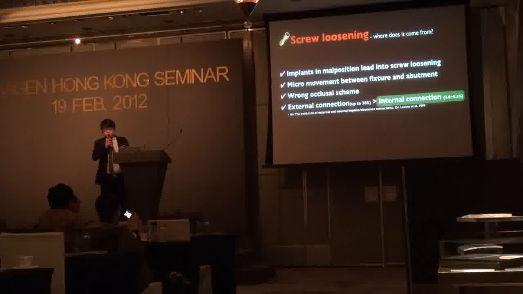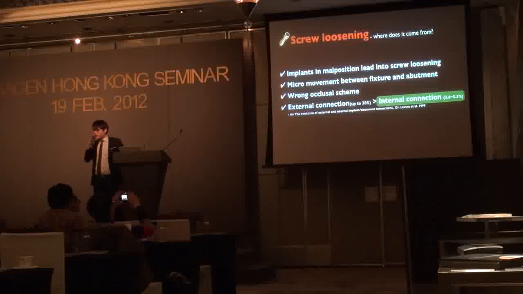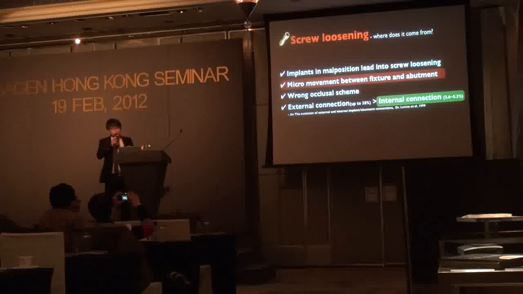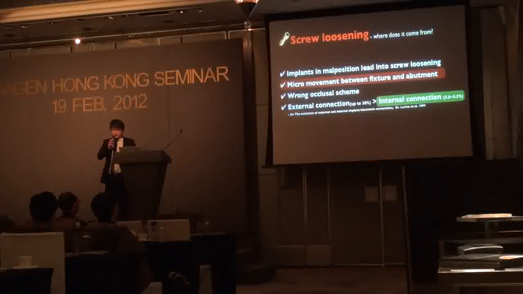So for our new product, Enrich, we chose the internal connection, and the most important thing is micro movement. We want to remove the micro movement between the fixture and abutment so that we can minimize screw loosening.